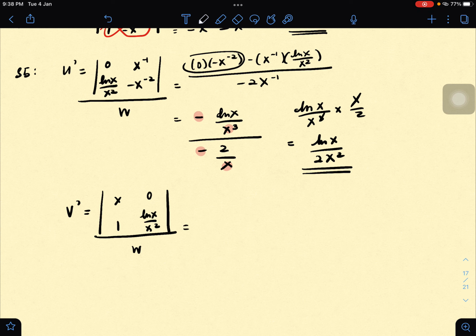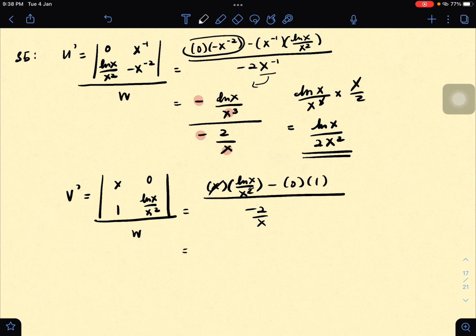Therefore, the determinant is x multiplied by ln x over x square minus 0 multiplied by 1, divided by negative 2 over x. I bring this one down. So here and here can be cancelled out. So you have ln x over x multiplied by x over negative 2. This one can be cancelled out. So you are left with only ln x over 2, negative value. So this one is your v prime. That is step number 5.